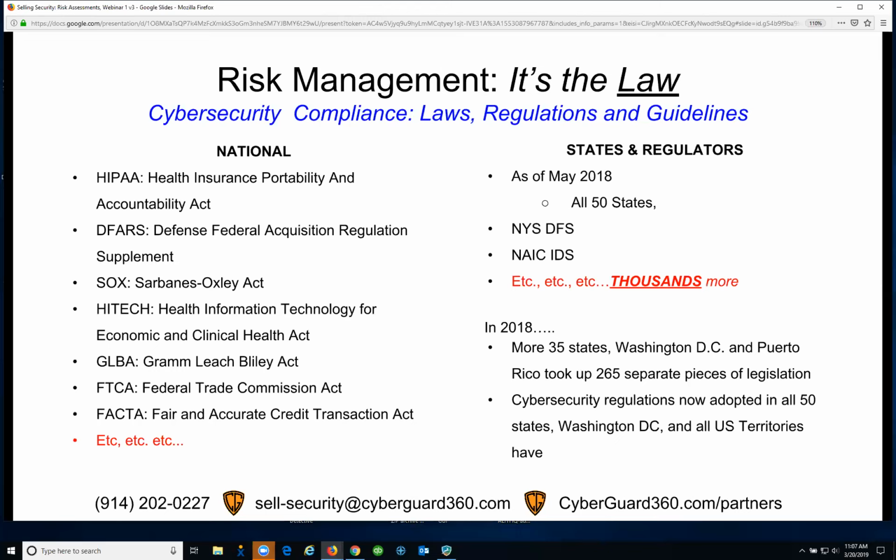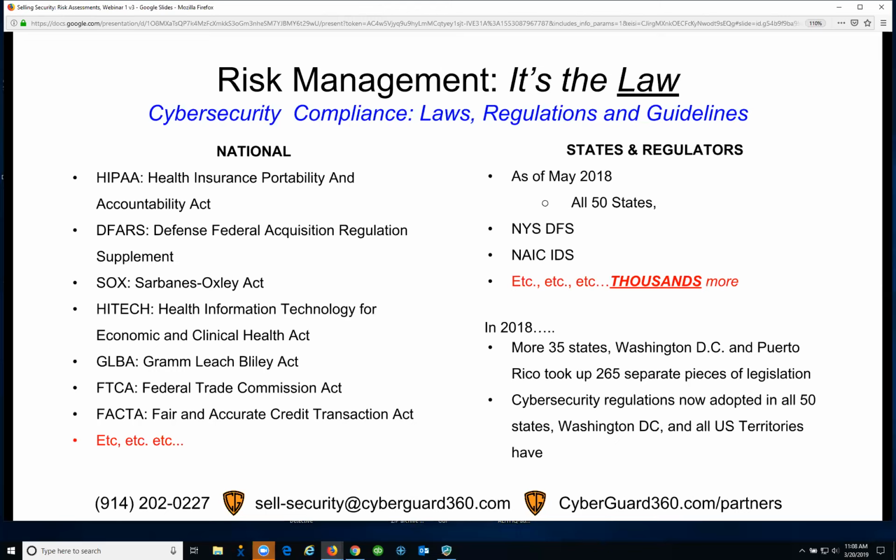But as of May 2018, May of last year, every single state in the union, Washington, D.C., Puerto Rico, and all of the U.S. territories have some sort of cybersecurity regulation under which certain verticals, if not all businesses, are obligated to follow. Some of them are simple regulations. So think about breach notification laws. Almost every single state in the union has a breach notification law.